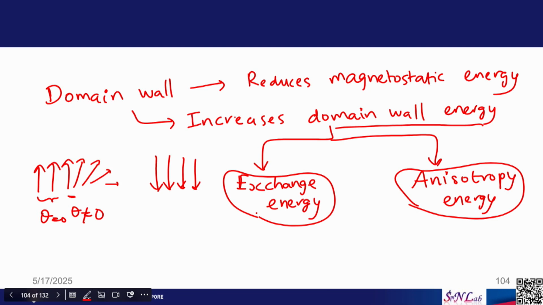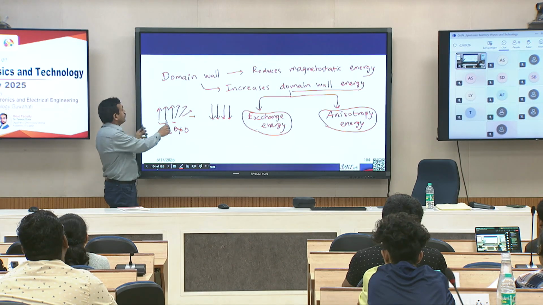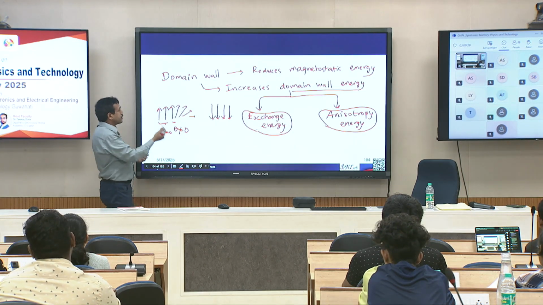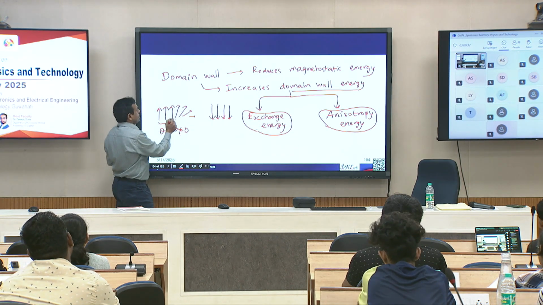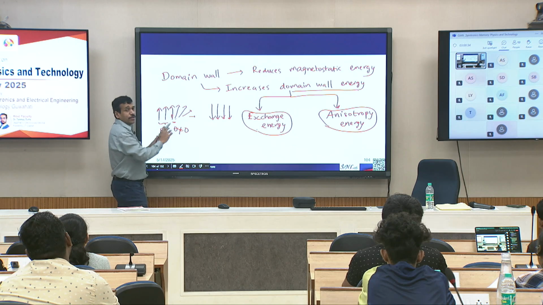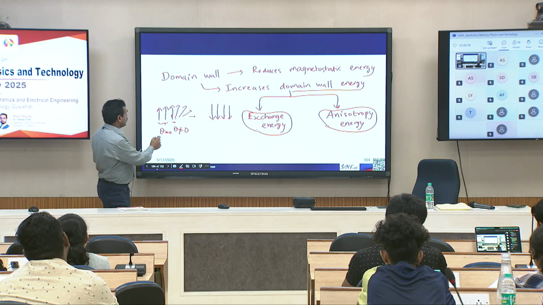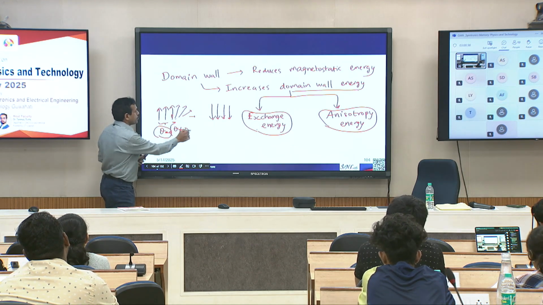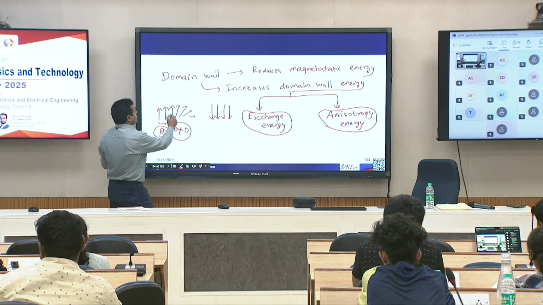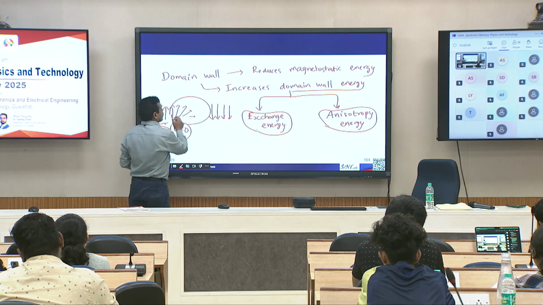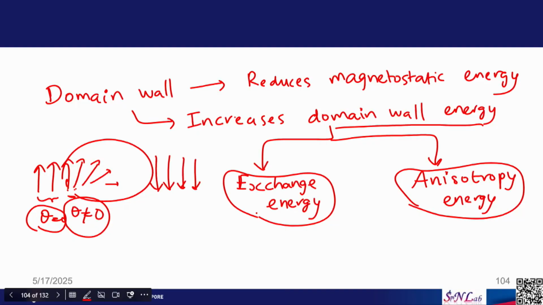Even though the spins are at a certain angle, this tilt actually increases the exchange energy. All these spins at the domain wall are not at theta 0, they are at a non-zero angle. Because of this there is an energy, and that energy is called exchange energy, the increase in exchange energy.